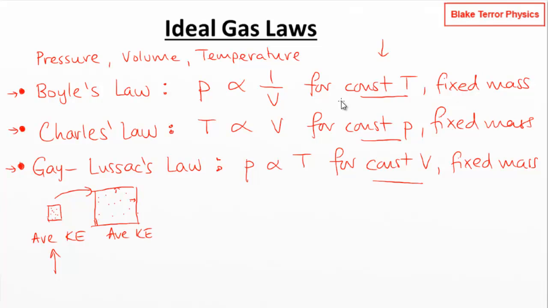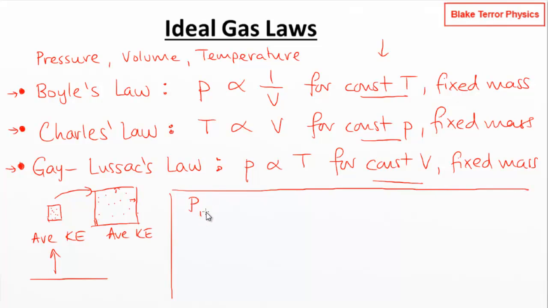Right, you can combine these three gas laws into a fourth gas law, which is particularly important. So let's say we've got some setup initially where we've got some pressure P1, some volume V1, some temperature T1.